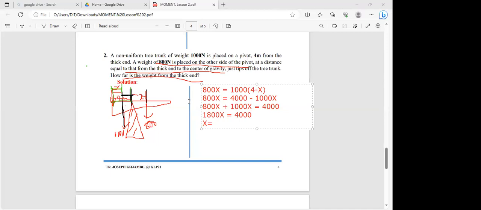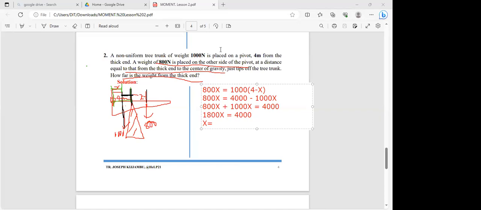Someone is asking, why are we using one unknown? Yes, the distances are different. Now I want you to look at the question. The question told us that a weight of 800 newtons is placed on the other side of the pivot. That means 1,000 was on one side, 800 on the other side, at a distance equal to that from the thick end to the center of gravity.